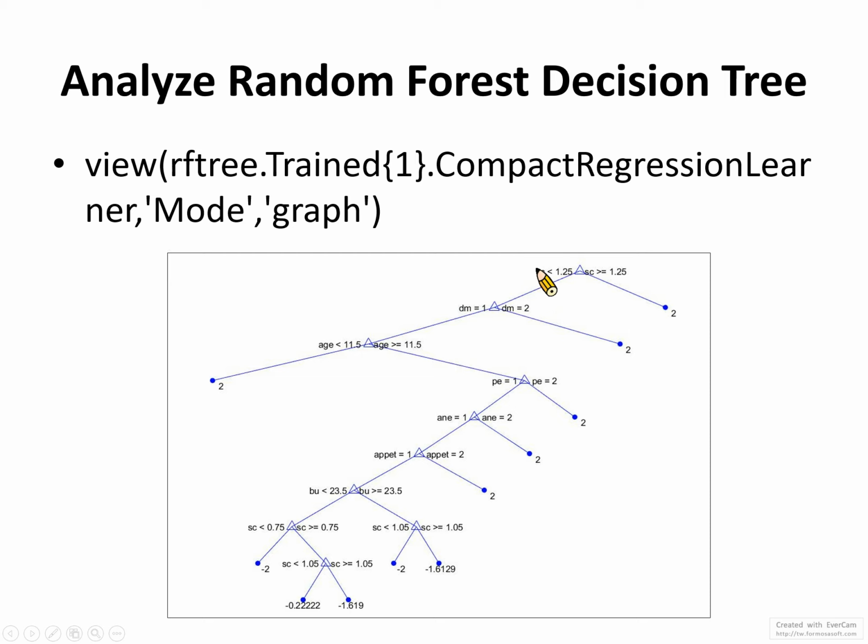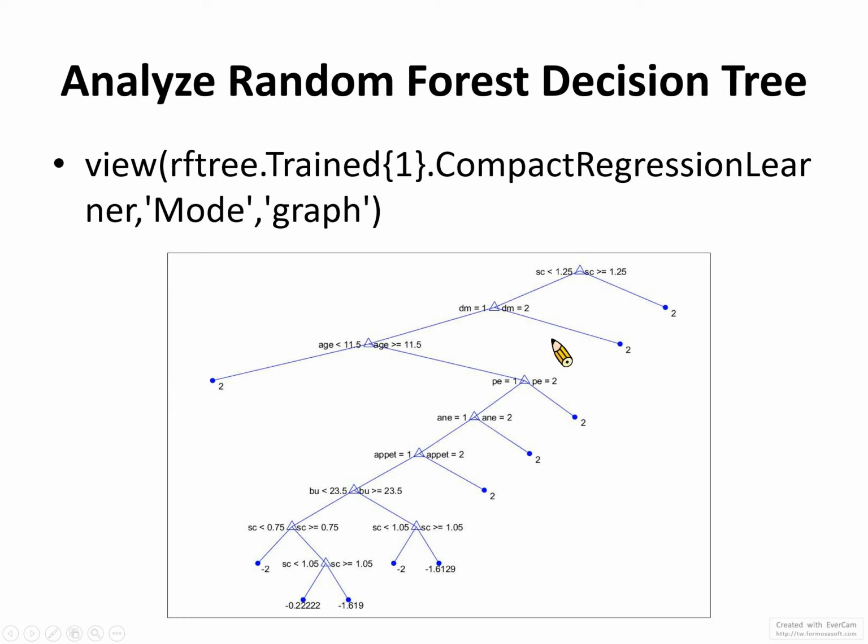So these important predictors include the serum creatinine, the history of diabetes, the age, the condition of edema, and also the history of anemia or appetite. I think these are important predictors, and it's very consistent with clinical insights.